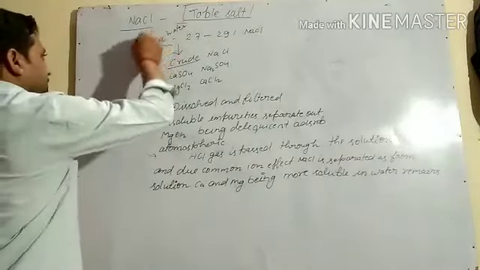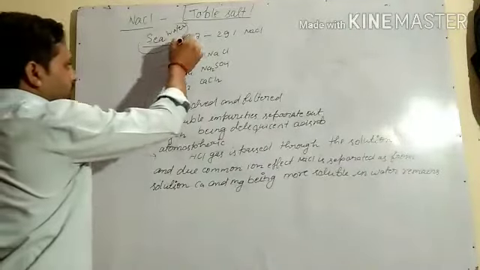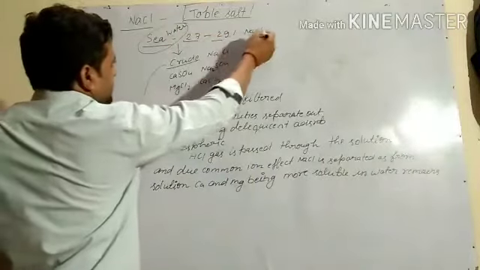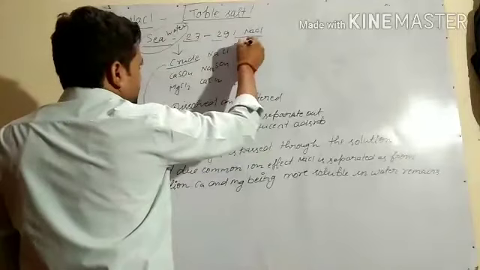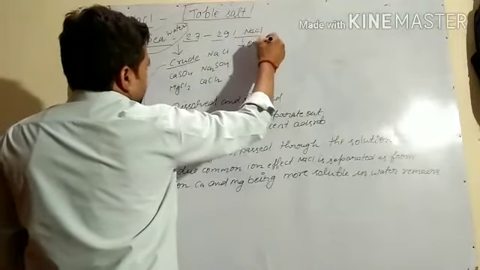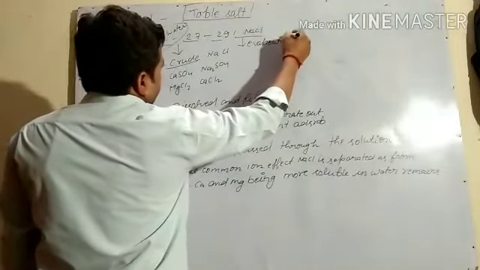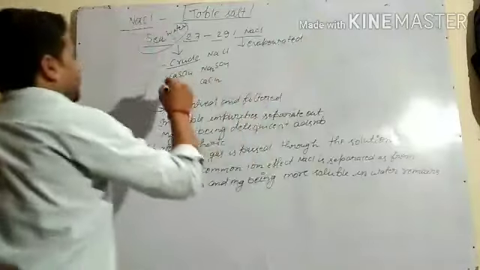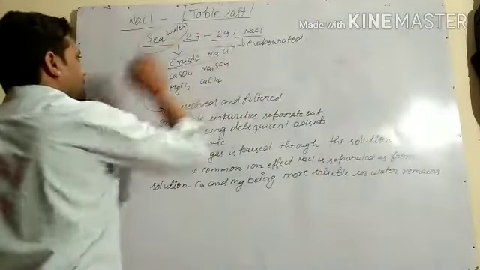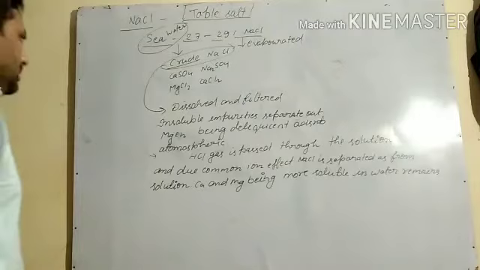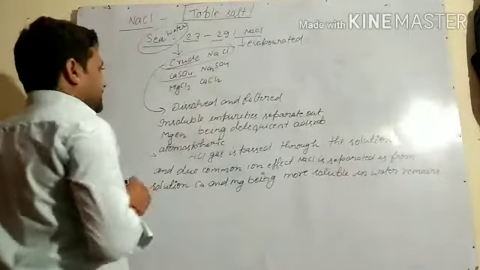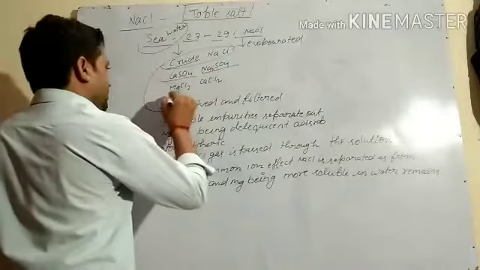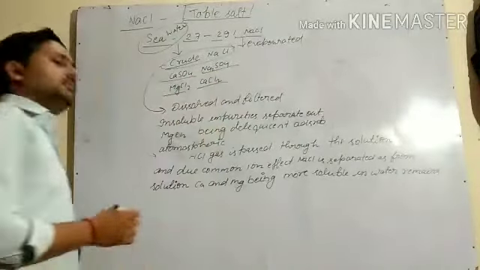Seawater contains 2.7 to 2.9% of NaCl. When this is evaporated, crude NaCl is obtained. This crude NaCl contains the impurities of calcium sulfate, sodium sulfate, magnesium chloride and calcium chloride.